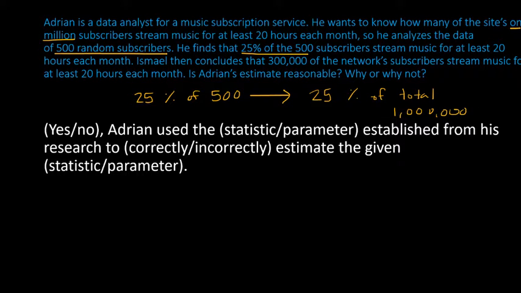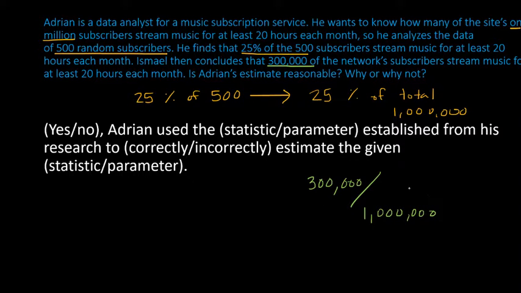Now, we need to check and see if his numbers make sense. He concluded that 300,000 people are probably doing the same thing. So our question is, is 300,000 25% of a million? Or another way to say it, what percentage of 1 million is 300,000?